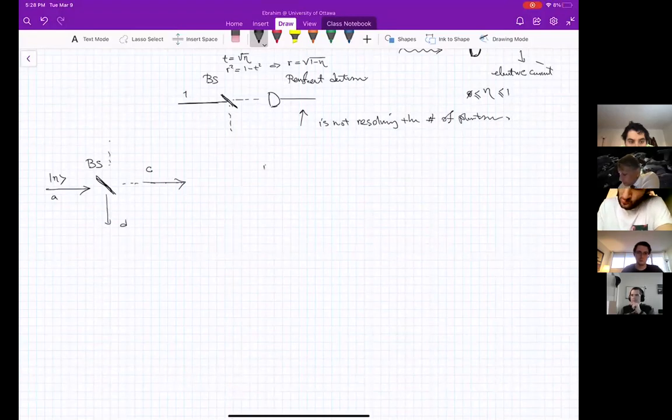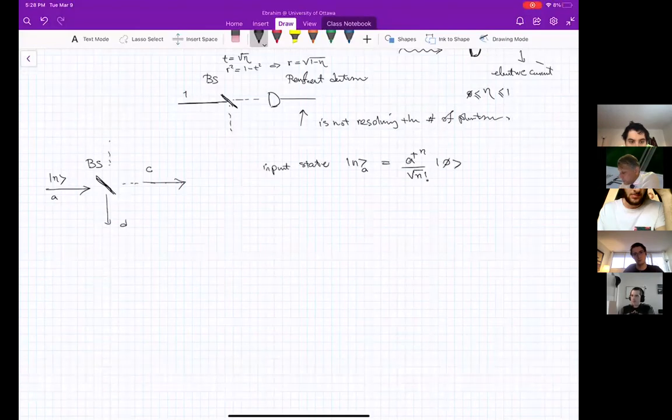So essentially the input state is n photons in A, which is A dagger to the power of n divided by square root of n factorial, and then I have vacuum. What we have to do is link A dagger to the output. I think we previously did this.